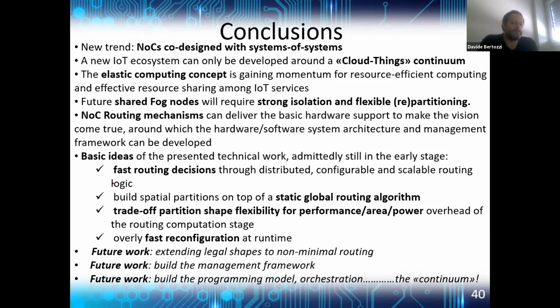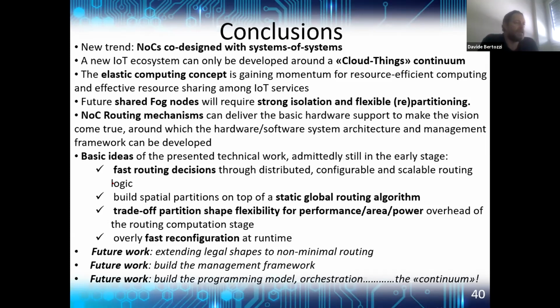And we saw that an effective support to fulfill these requirements is to control the routing mechanism of the NoC, because we can provide the basic hardware support for isolation and for dynamically reprogramming the isolation boundaries.